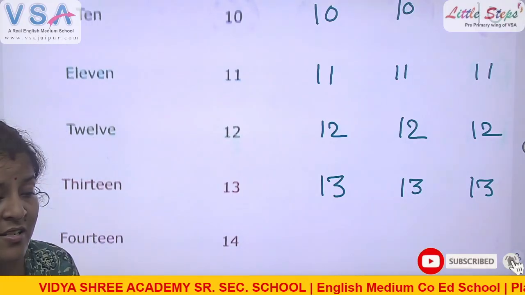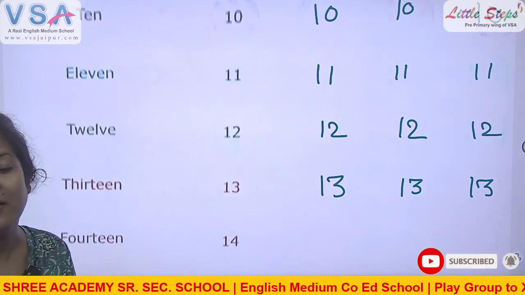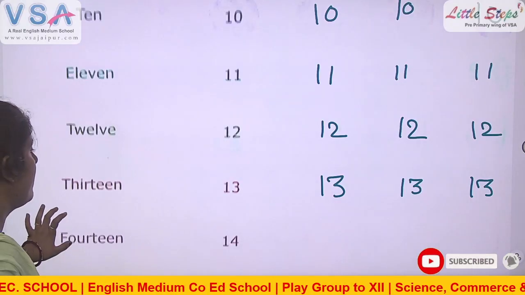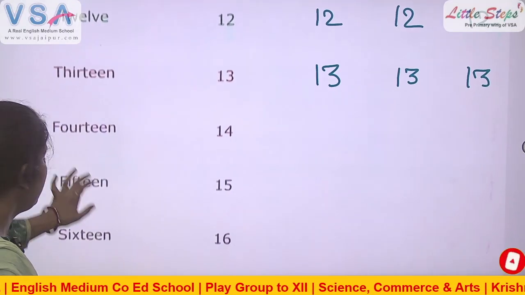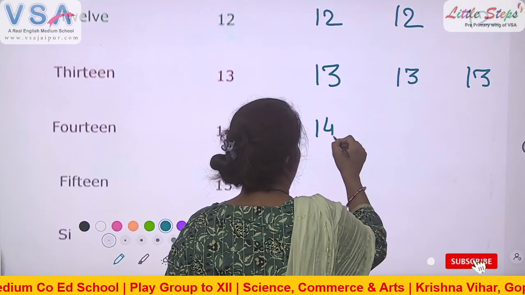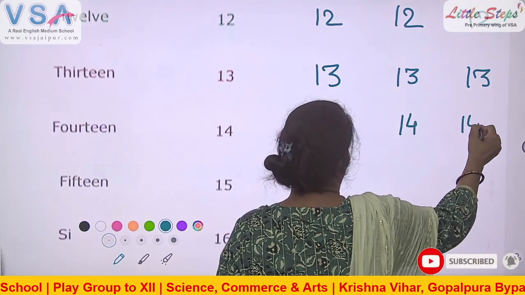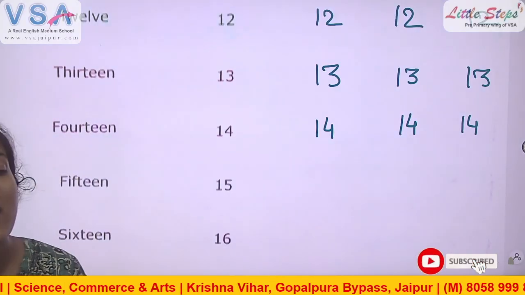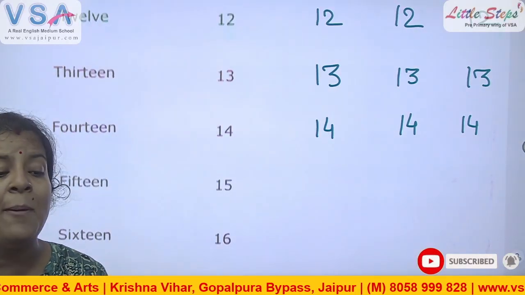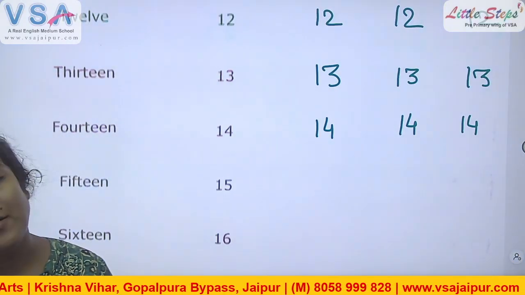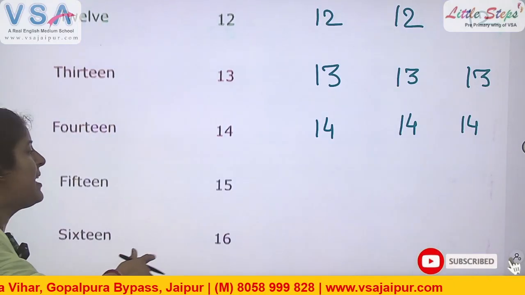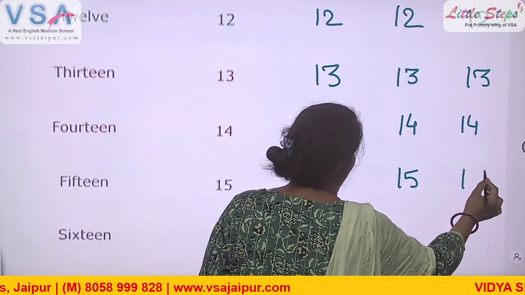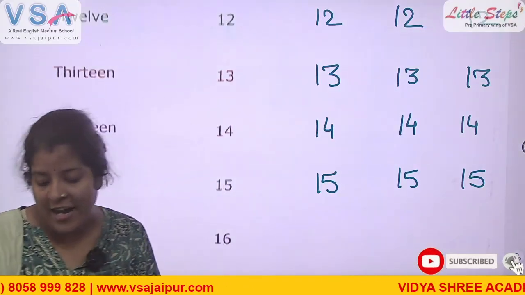T-H-I-R-T-E-E-N, 13. Next number 14. 1, 4. And what is the spelling of 14? F-O-U-R-T-E-E-N, 14. Next number 15. 1, 5.